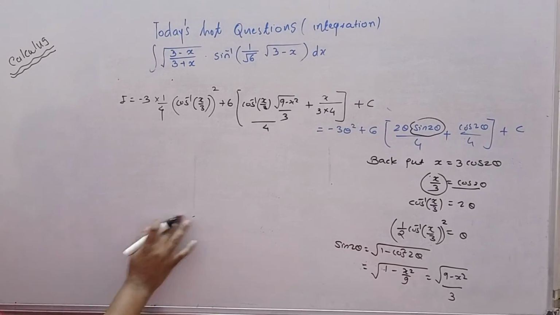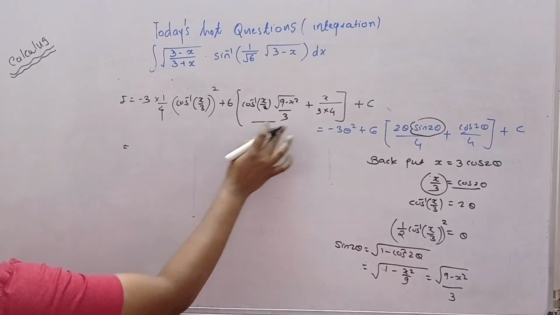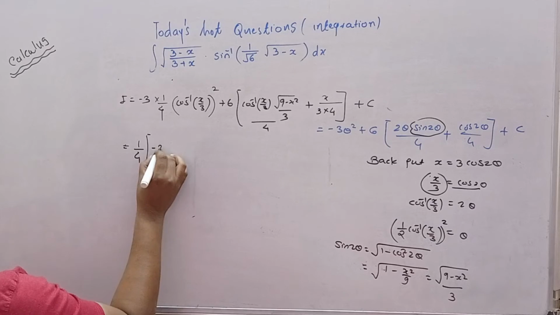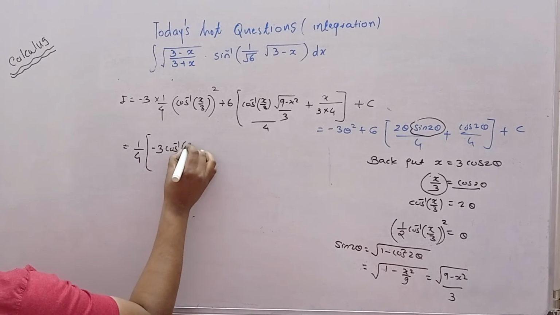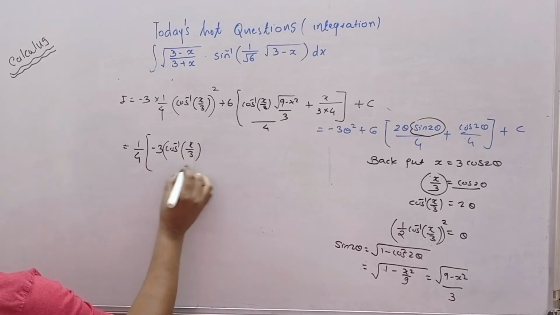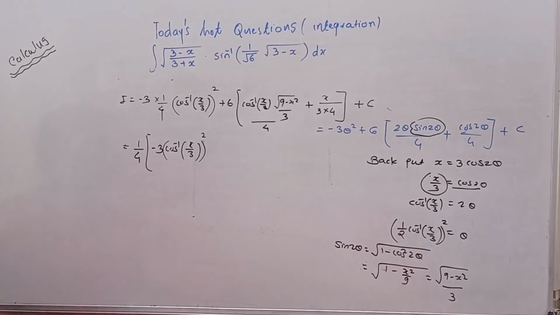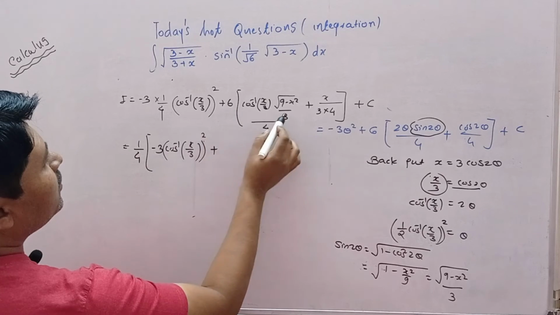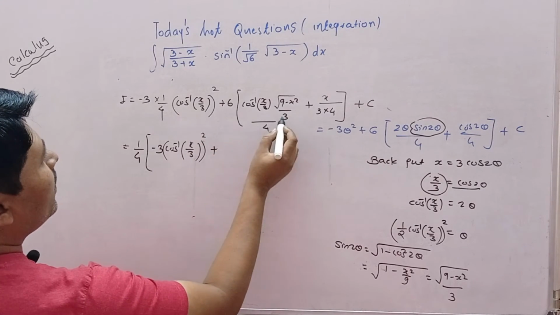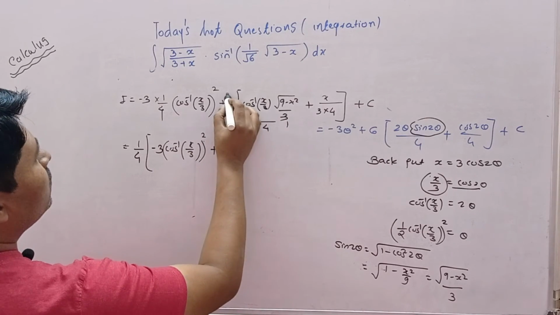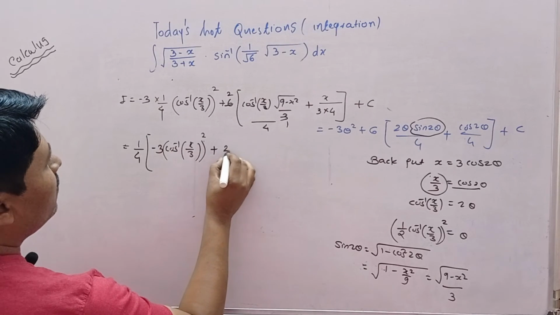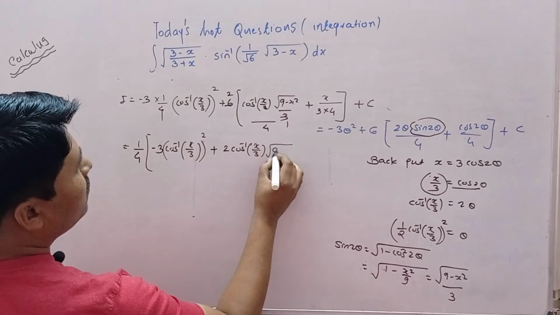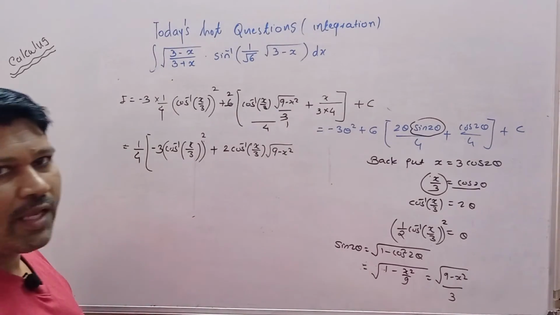We get the final solution with 1 by 4 as the common term, and in bracket, minus 3 cos inverse x by 3, bracket squared, plus we multiply by 6, 3 into 2 is 6, so we get 2 cos inverse x by 3 times the square root of 9 minus x squared.